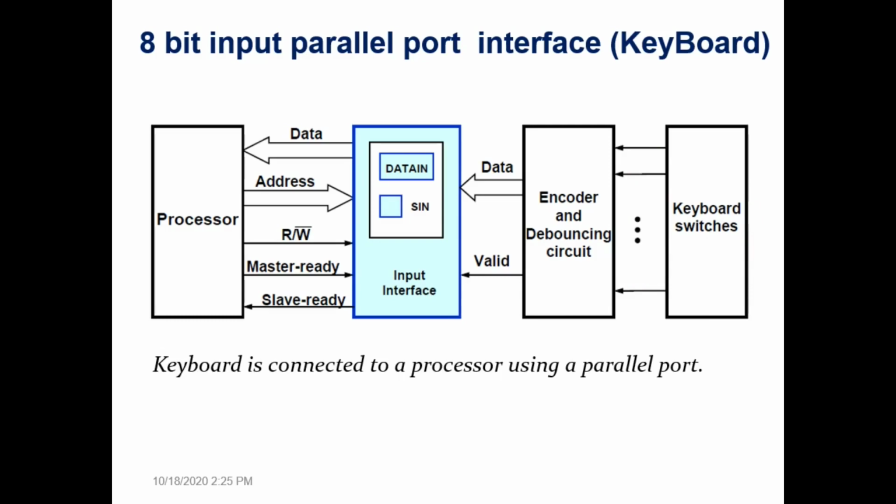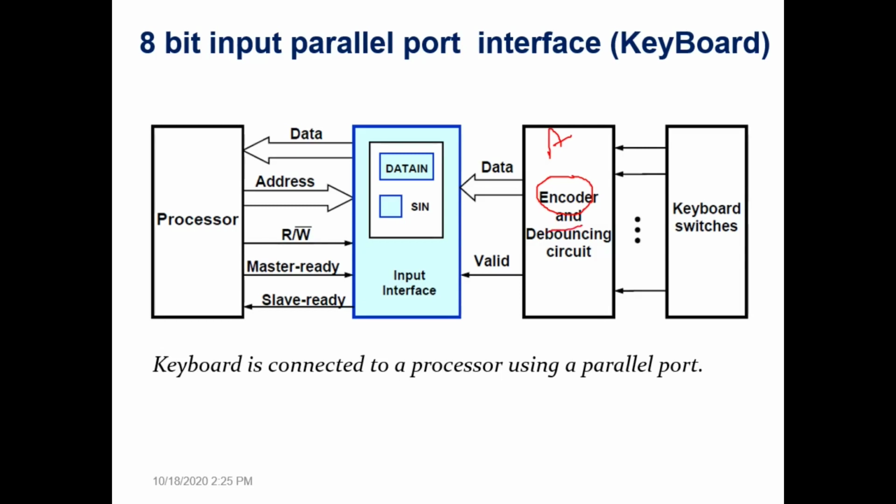The encoder circuit identifies the location of the key on the keyboard and finds out which key has been pressed by the user. That is, the encoder encodes the key pressed by the user. Encoding means finding out the ASCII value of the key pressed. So now the ASCII value is ready.